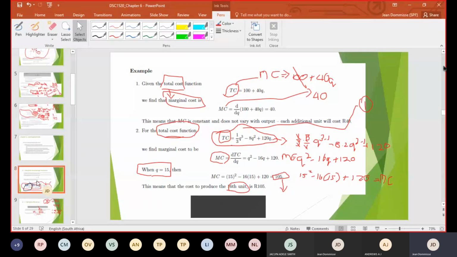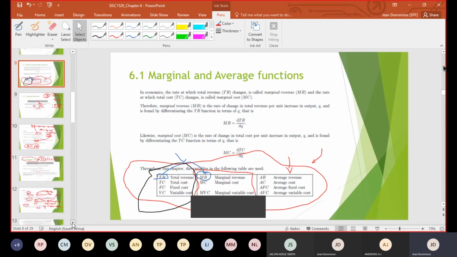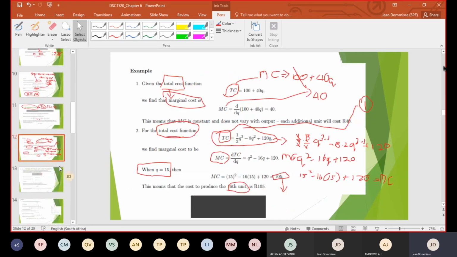let's quickly go back to here. There wasn't a point where you need to go to the next level and differentiate again. For this piece of work, to calculate marginal cost, you basically stop here and fill in the Q that is needed.